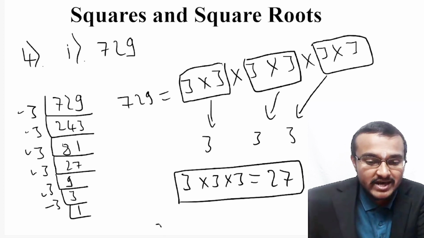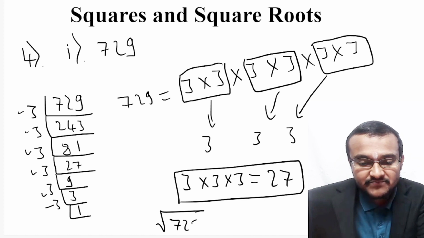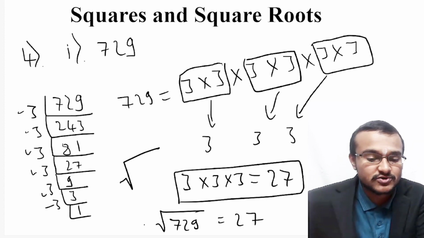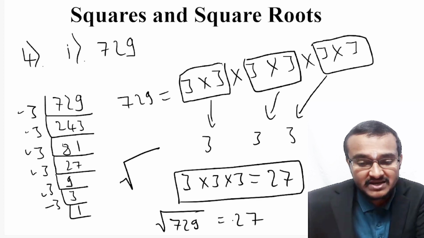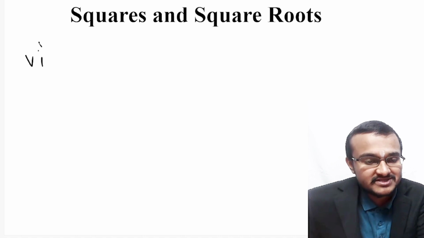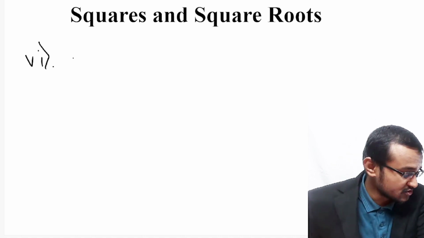That means the square root of 729 is equal to 27. This particular symbol is square root. If you write a number under this symbol, then it shows the square root of 729, that is equal to 27.